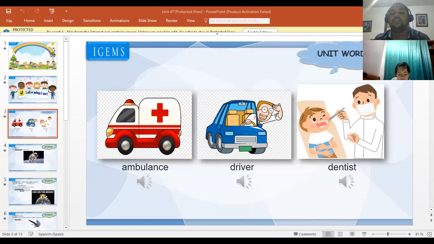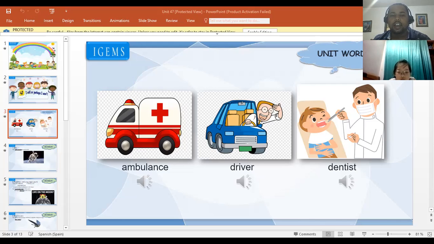Here we have this list of vocabulary, which I would like you to help me read. What is the first thing you can see here? Ambulance. All right. So the first thing you can see here is an ambulance. And what is an ambulance for? It's used especially in order for patients to be taken to the hospitals or the health clinic.